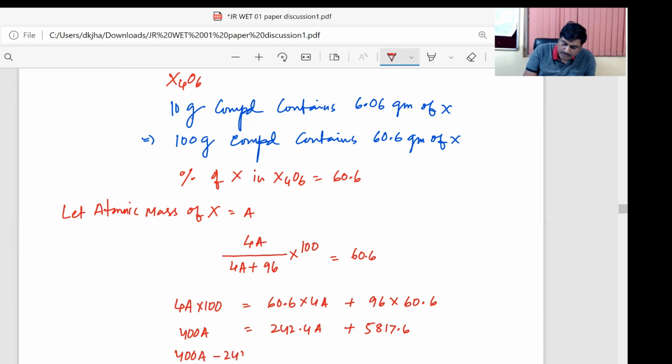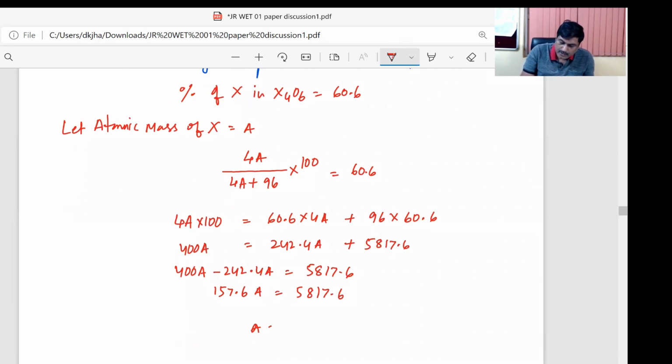You take this one: 400A minus 242.4A is equal to 5817.6. So 400 minus 242.4 is basically 157.6, equal to 5817.6.